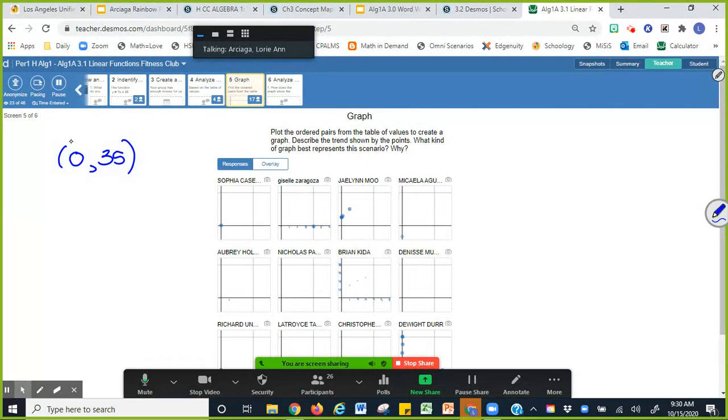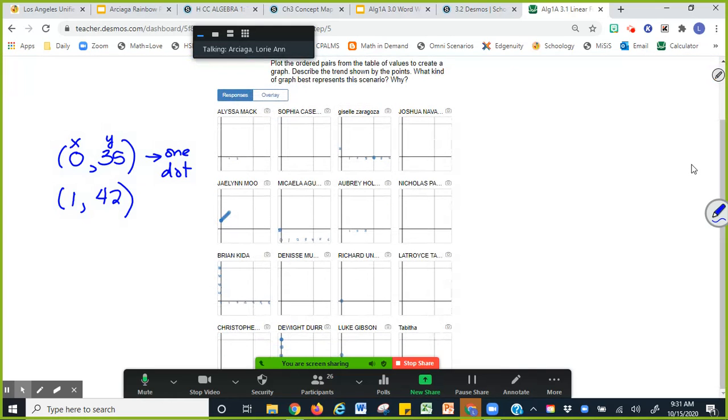When x is 0, you go up to y is 35. And when x is 1, y is 42. So you're not going to put one dot on 1 and one dot on 42. Each ordered pair is just one dot. One goes to the right and then 42 goes up, so try to place that in the middle of a box.